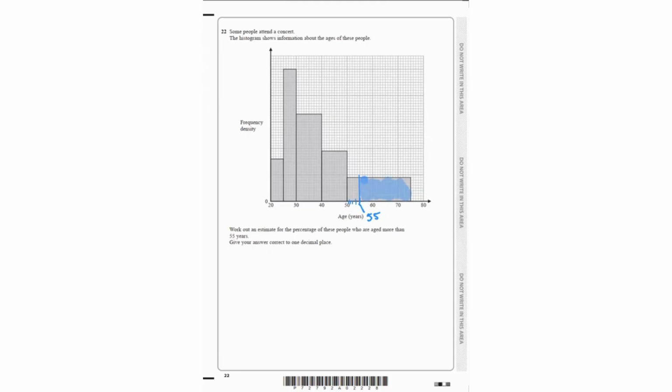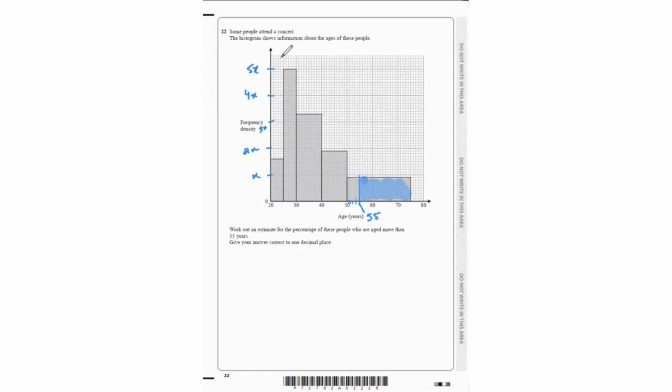They haven't given us any other information. They just said that some people attend a concert. So to work out an estimate for the percentage of these people, we need the frequency. So what we can do is, if we assume that this is x, this is 2x, because we don't know the exact scales, I'm just assuming this is 3x, 4x, and 5x.